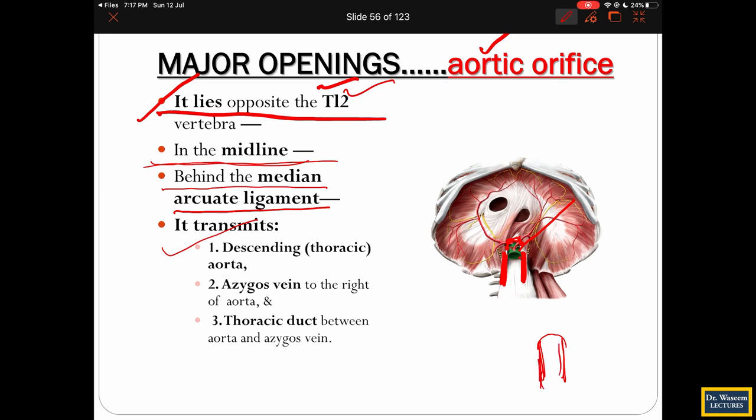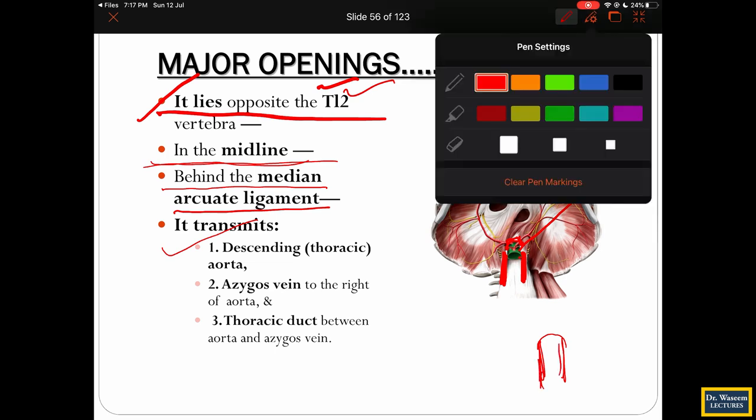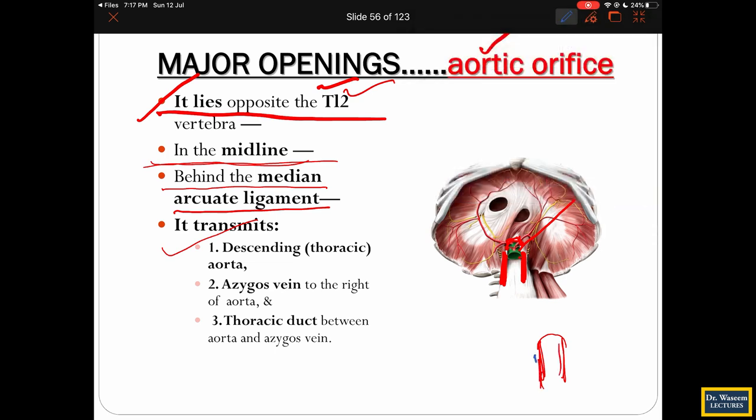It's not just the aorta, on the right side you will see actually a vein also passing through that, that is called the azygous vein. Azygous vein is formed here at this area only. As a result of what? As a result of the subcostal vein and the first lumbar vein giving here the ascending lumbar vein. So both will join. The ascending lumbar vein coming from the first lumbar and this 12th thoracic vein, that is called the subcostal vein, they both join together to form the azygous vein that passes through the aortic orifice on the right of your aorta.